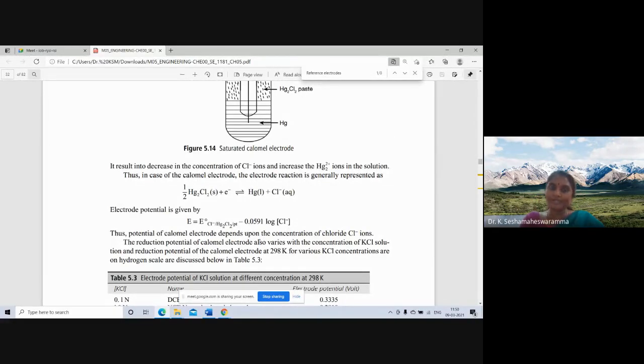The reduction potential of calomel electrode also varies with the concentration of potassium chloride solution, and the reduction potential of the calomel electrode at 298 Kelvin for various potassium chloride concentrations on hydrogen scale are discussed below.